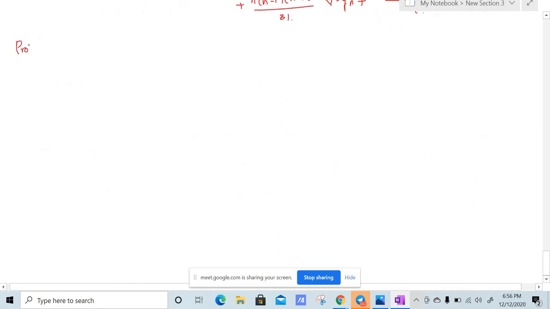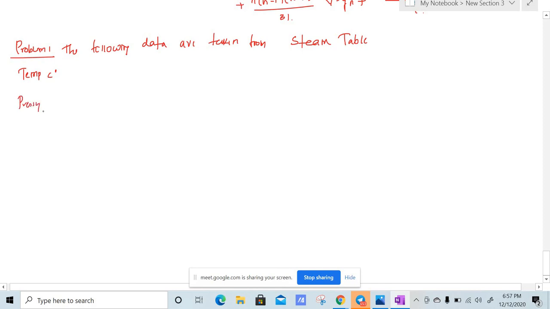So problem 1. The following data are taken from a steam table. It is temperature in Celsius, and pressure in kgf per cm square.